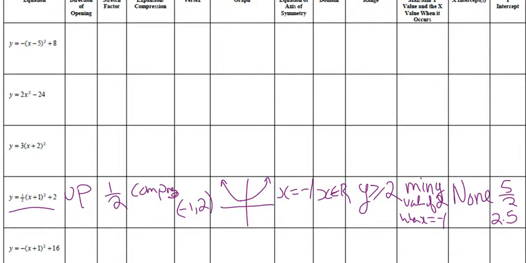Do the work on your own, check it with others, and then the big thing is to convince somebody why they're wrong or why you're right. Just say, no, it opens up. Why? Well, it's positive. Oh, okay, I thought it opened down. Or you've drawn the graph, like I was sketching the graph wrong, and you said, no, it opens up. Oh, right, okay, never mind. So let me redo this. Okay?